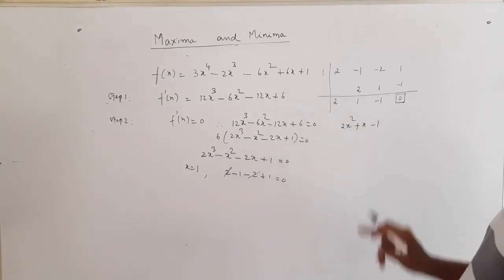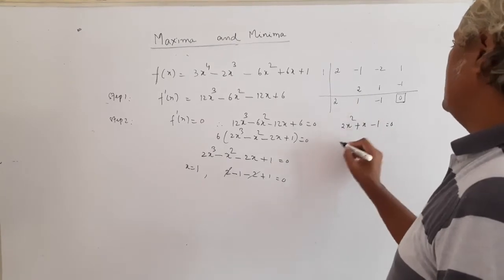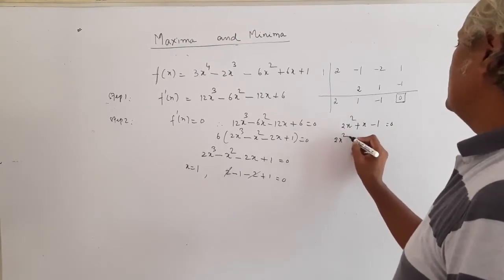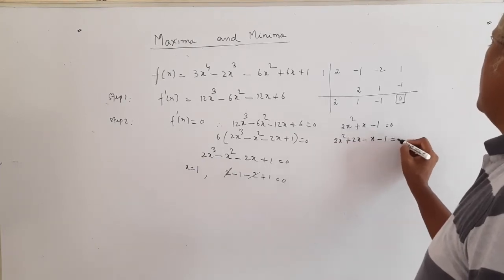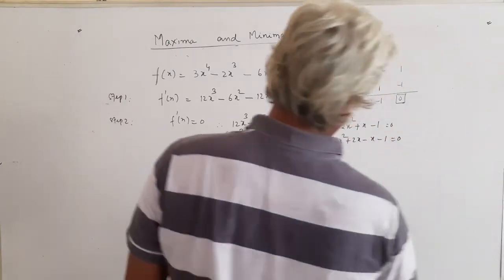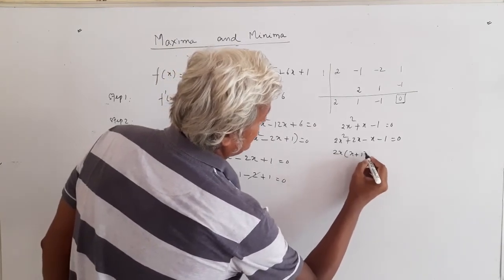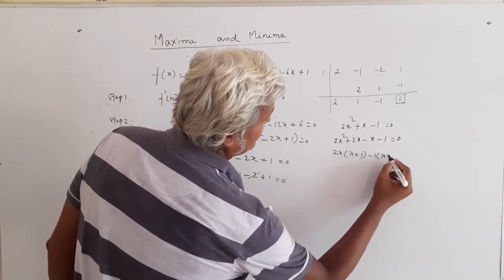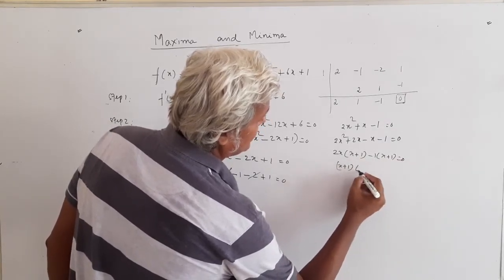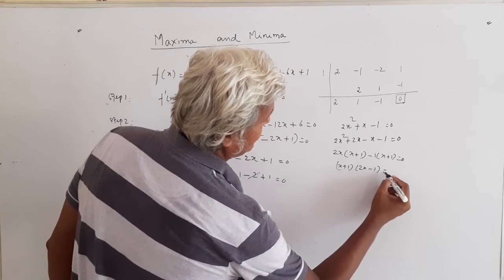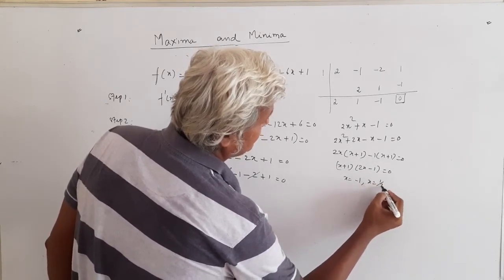Now we have to find the factors of this. 2 ones are 2, so you can write 2x square plus 2x minus x minus 1 is 0. If you take 2x common, 2x(x plus 1) minus 1(x plus 1) is 0. So (x plus 1)(2x minus 1) is 0. So x is minus 1 or x is half.